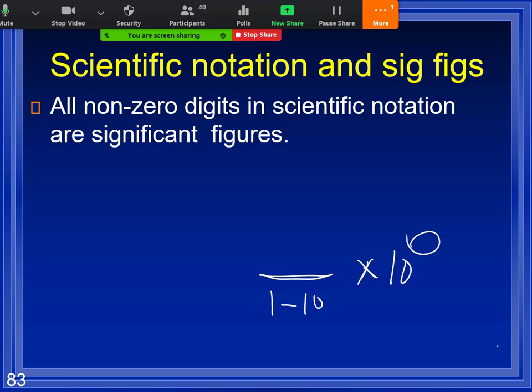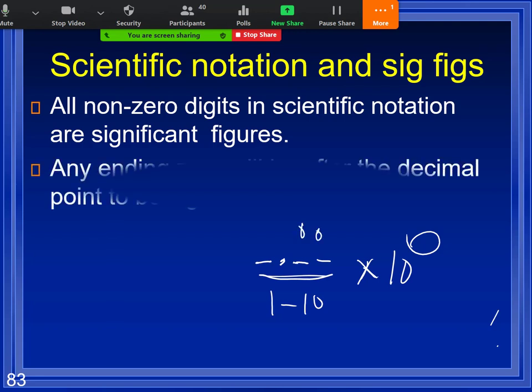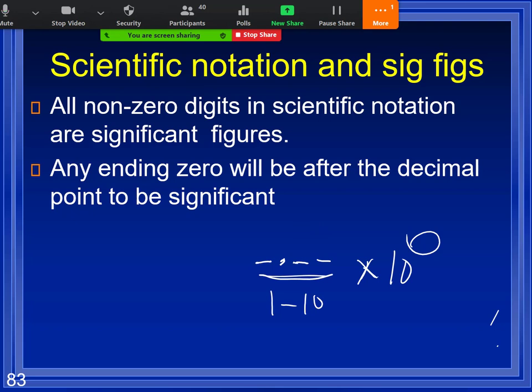Now, if you've got a number between 1 and 10, it's going to be something, dot, and then all the other numbers after it. Any zero you put after the decimal point is either going to be in the middle or at the end. So ending zeros will be after the decimal point where they count, like in 1.20 times 10 to the third, or if I'd had 1.02 times 10 to the third.